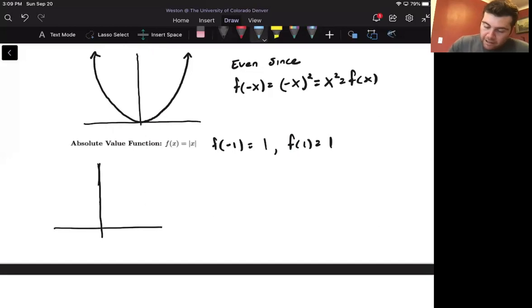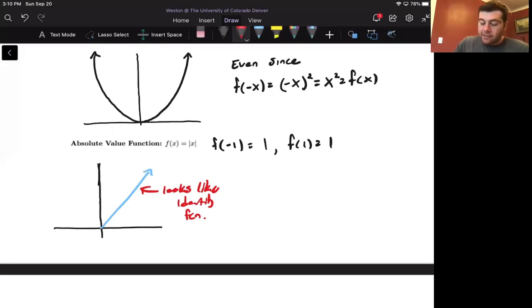So our graph looks like the identity function on the right-hand side, because we plug in a positive number, we get that same number back. And on the opposite side, we can actually check that this is an even function. You should pause the video right now and check that it's an even function. And that would mean that the left-hand side just looks like a reflection of the right-hand side of the graph.